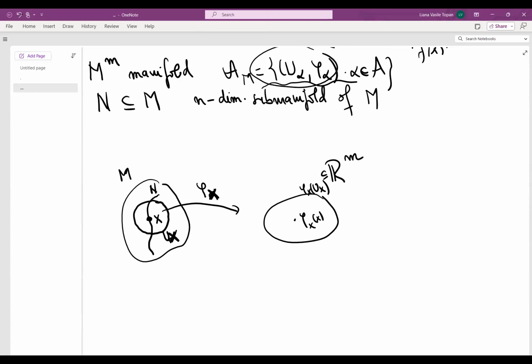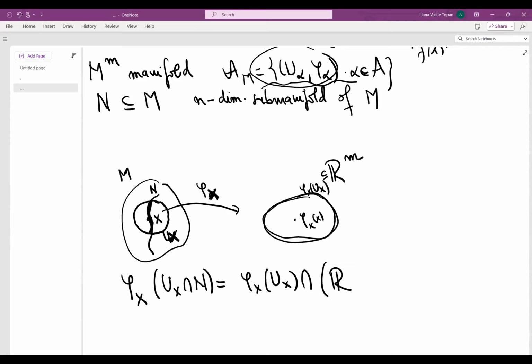So nothing new here, but in order for N to be a submanifold of M, we need to have something like this. We need to have that the image of the intersection between U x and N, this part here, must be in fact the intersection between phi x of U x, the image of the domain of the chart, together with R n times 0, 0, 0, m minus n times. So we want m minus n zeros on the last components, right?